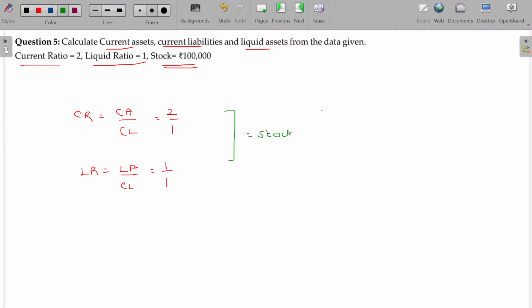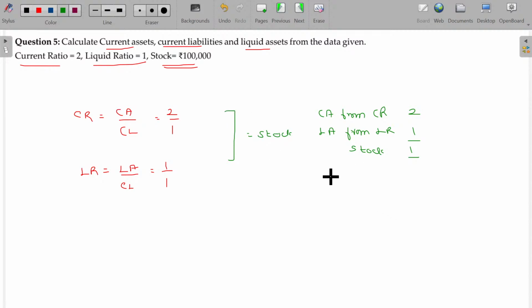Okay. Current assets from current ratio 2 times and liquid assets from liquid ratio 1 time. The difference between these two is nothing but stock.